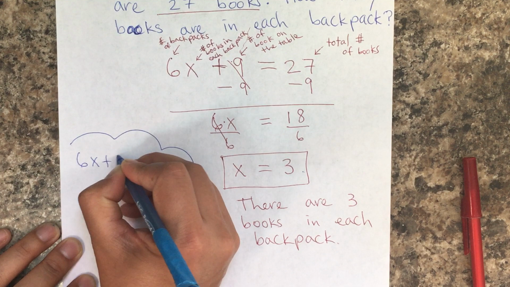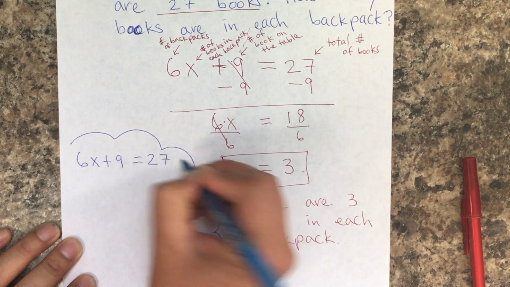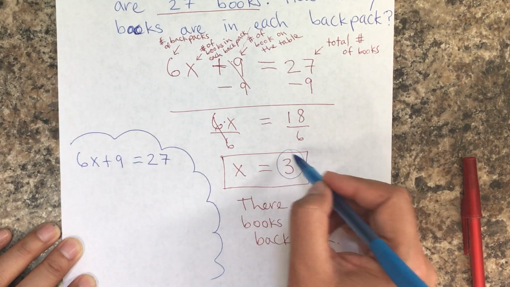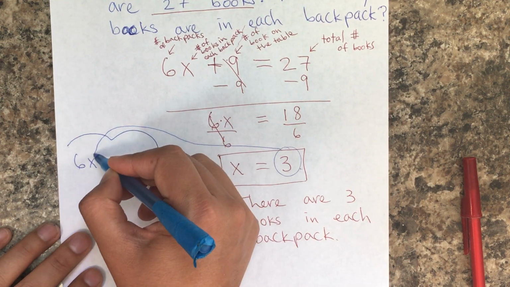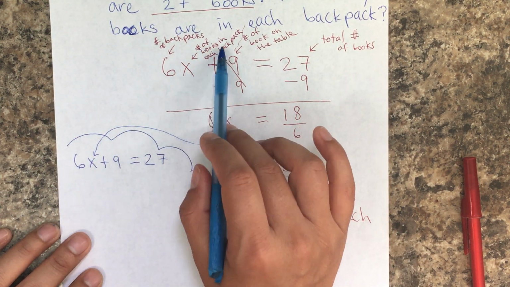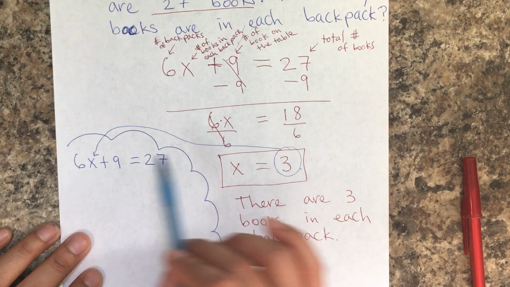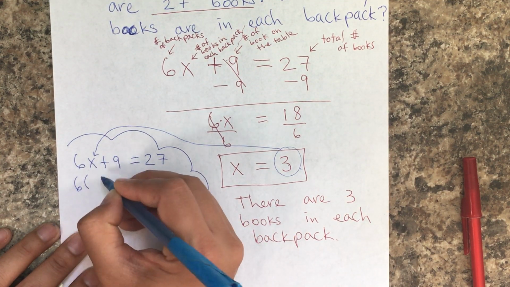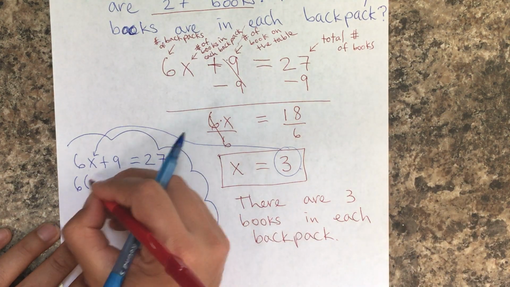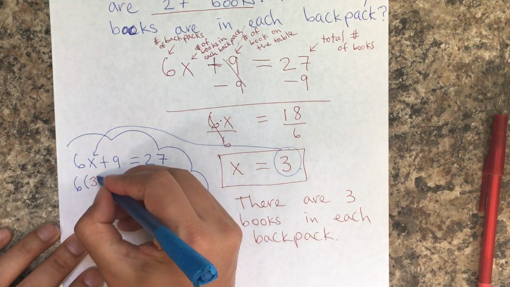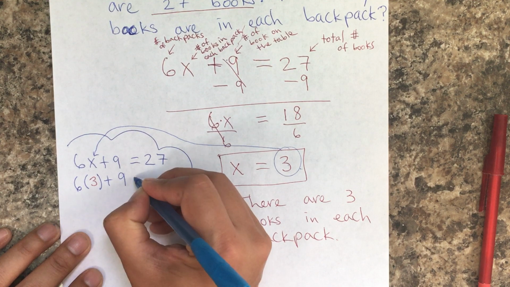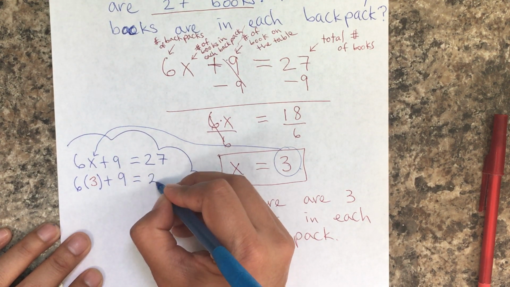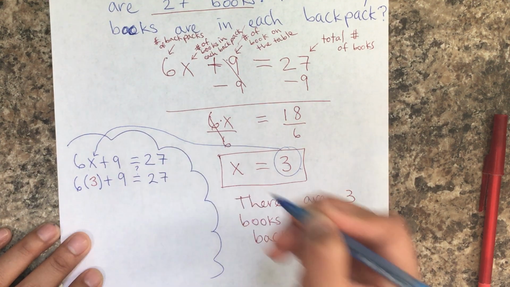So 6x plus 9 is equal to 27. I replace the value of books in each backpack. Number of books in each backpack is 3, so we already know. So we're multiplying the 6 backpacks times the 3 books that are in each backpack plus the 9 next to the backpacks. And is it equal to 27?